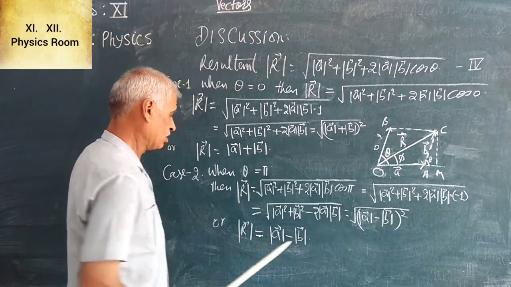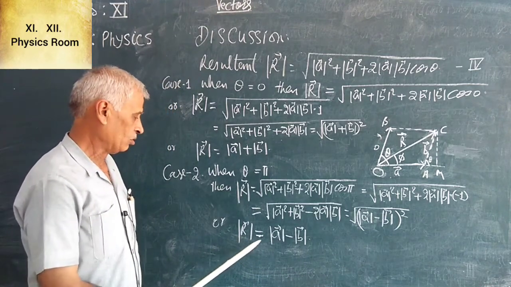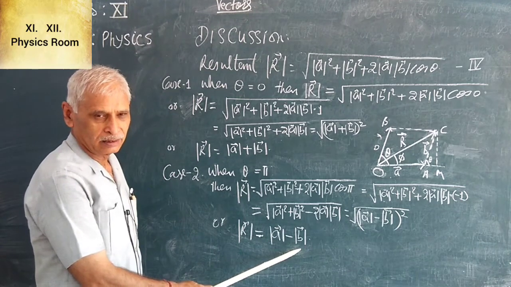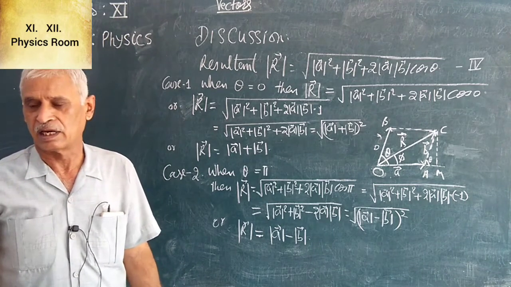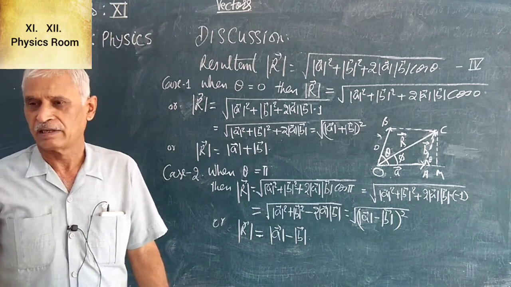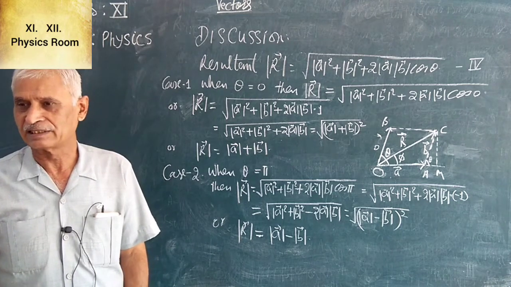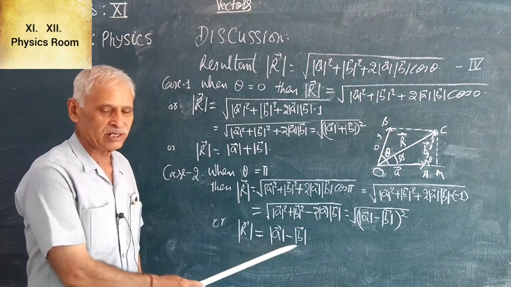After taking square root, we are left with resultant R is equal to A minus B. It means when the two vectors are anti-parallel, opposite to each other, then their resultant is given by the subtraction of their magnitudes.